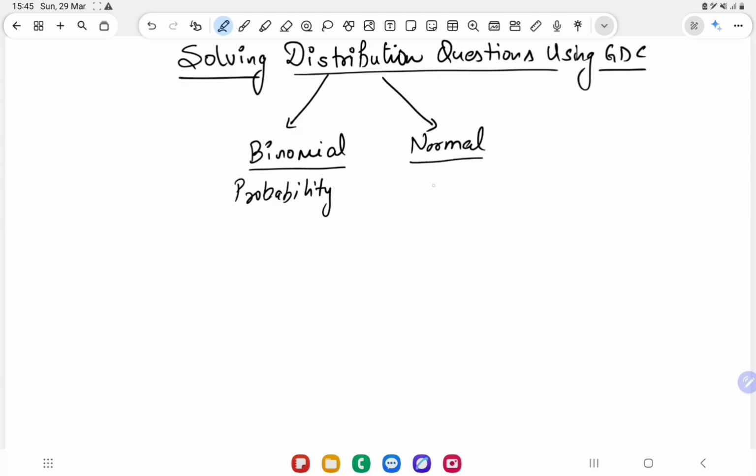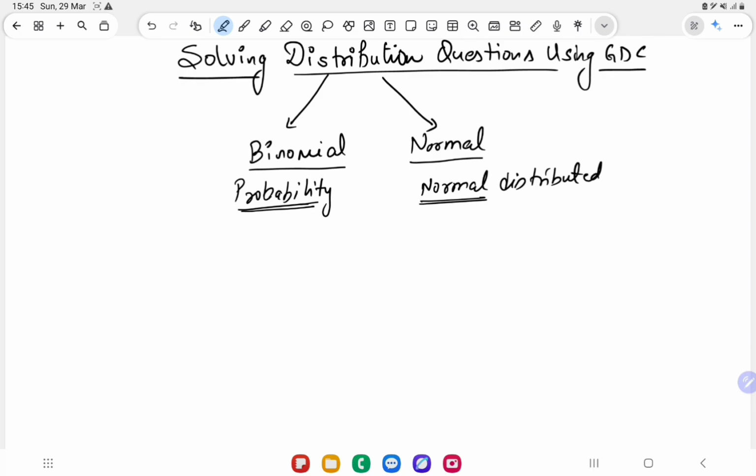Whereas in a normal distribution question, you will see that the function or anything is normally distributed. So whenever you see the word normally distributed, we will use normal distribution, and whenever we are only finding the probability, we will be using binomial.